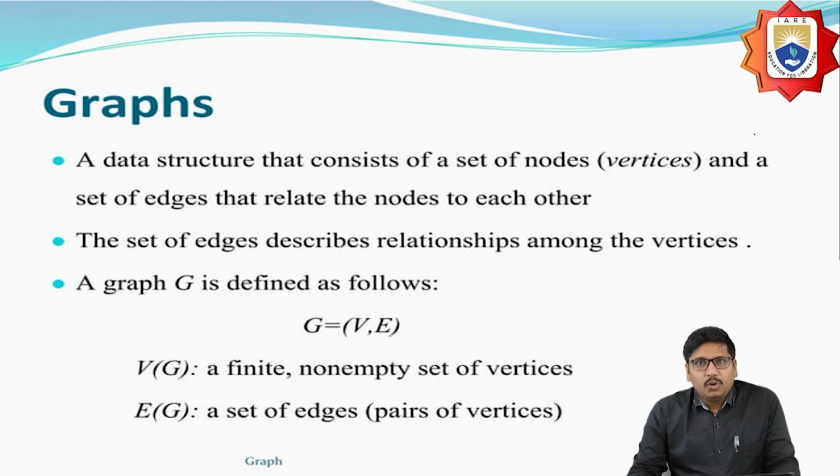A graph is defined as follows: G equal to V comma E, where V is a set of vertices and E is a set of edges. V of G should be a finite non-empty set of vertices, and E of G is a set of edges, what we call a pair of vertices.